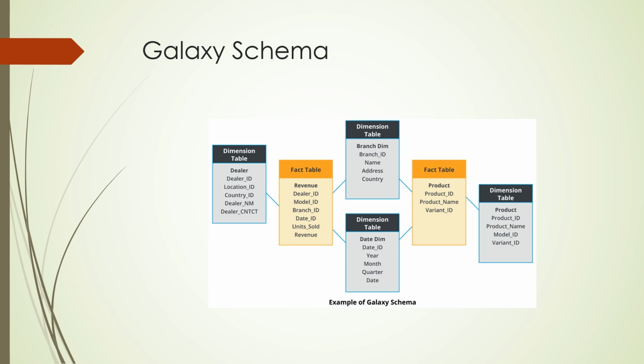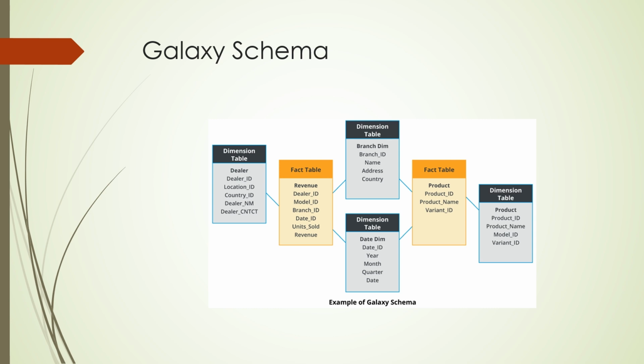But in galaxy schema, we will be having multiple fact tables connected to multiple dimensional tables. When you consider normalization, star schema is a denormalized one, snowflake schema is a normalized one, and galaxy schema is also a normalized one.